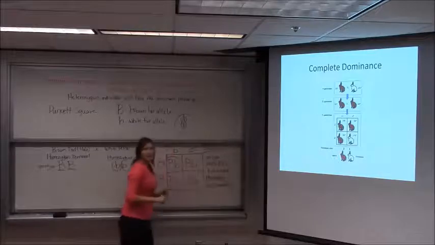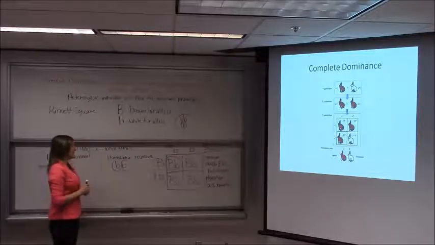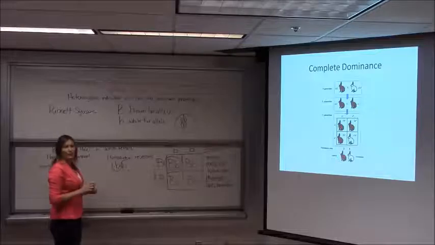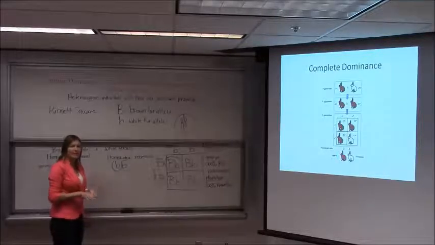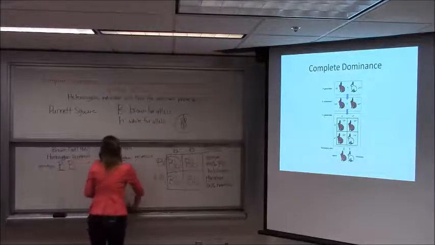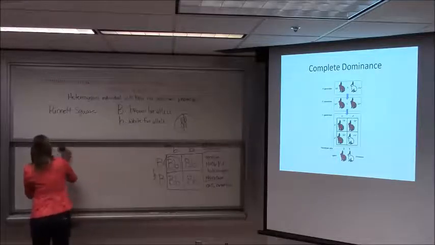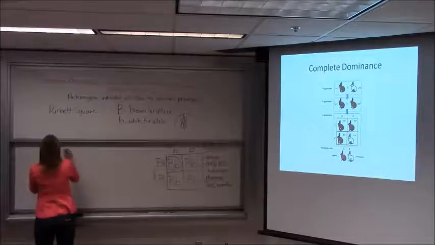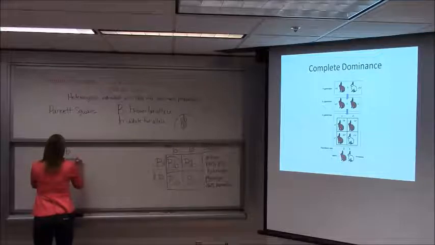Now let's take two of those offspring and cross them and see what we come up with. I know you don't really want to do that. You don't really want to have offspring mate with each other. Not a good idea. But in this case, we're just going to show if two heterozygous individuals mated. So, heterozygous mom and heterozygous dad.